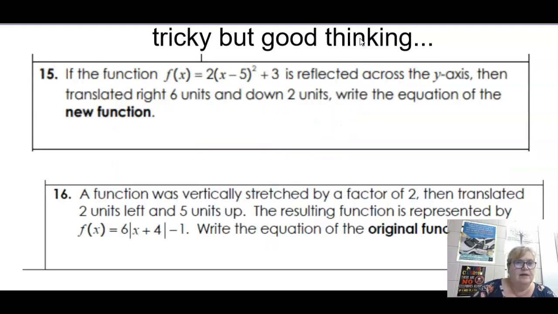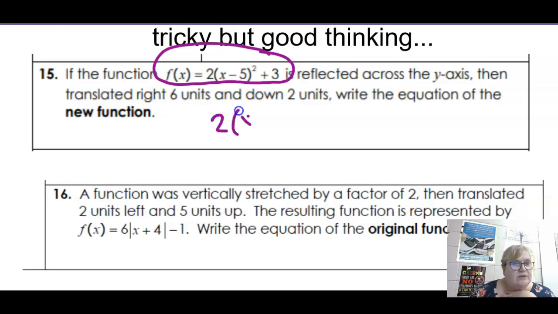All right, I'm gonna go through a couple tricky ones here. This right here is reflected across the y-axis. That means you would take the opposite of x in here. And then I'm actually going to leave a parenthesis in there.